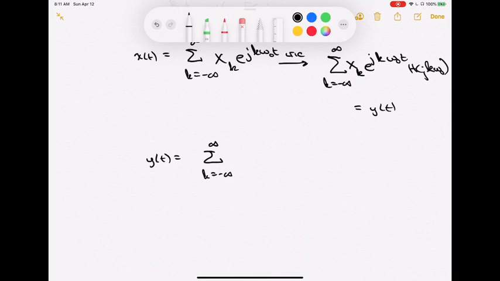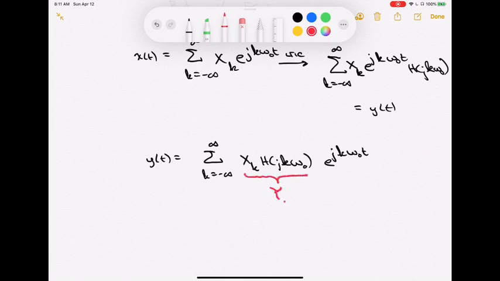What I would like to do is combine a couple terms together. I'm going to write x of k together with H of jk omega naught, and that's going to weight e to the jk omega naught t. Now, if I call that term out front y of k, what do I see?